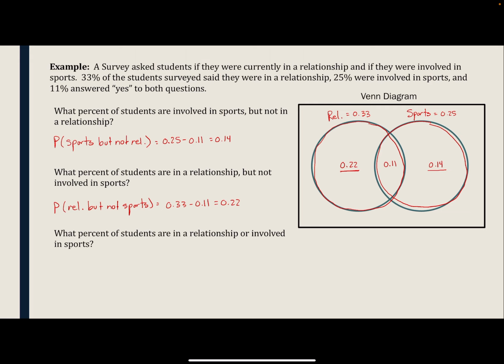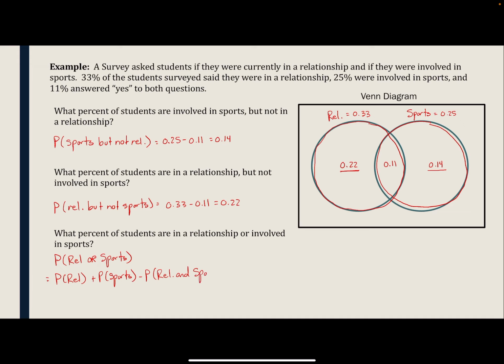There are two ways you can go about doing this. We can use the formula, or we can use our diagram. Using the formula, the probability that they're in a relationship or sports is the probability that they're in a relationship plus the probability that they're in sports minus the overlap, the probability that they're in a relationship and sports.